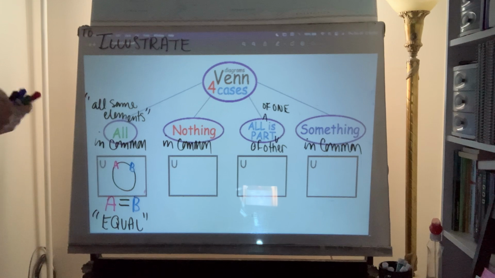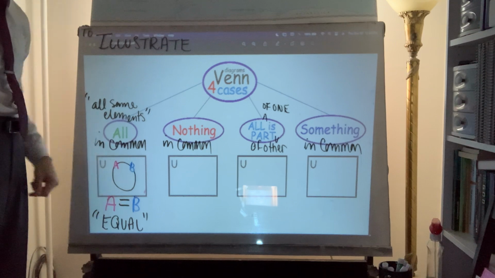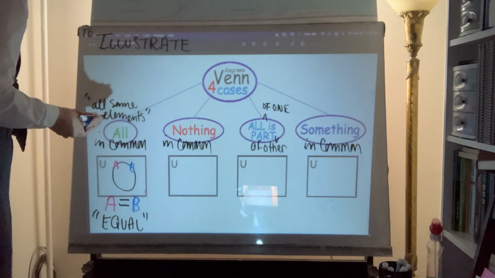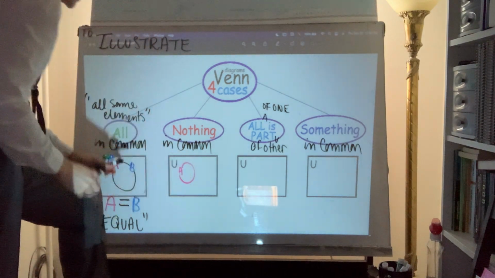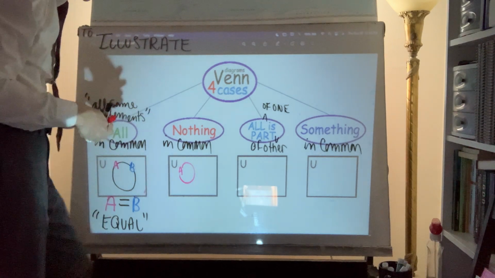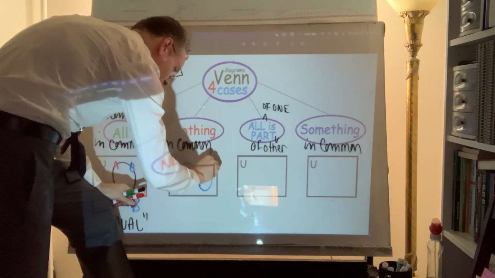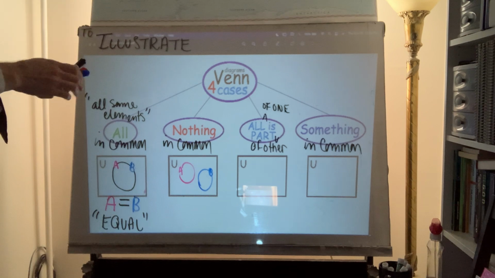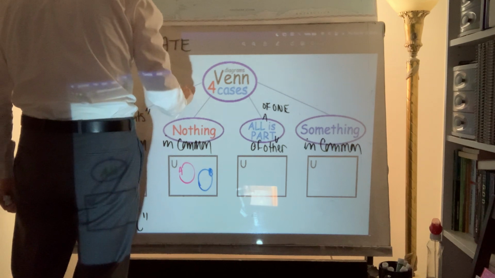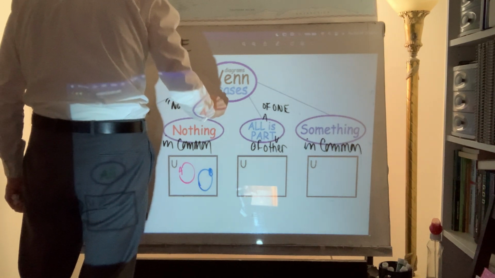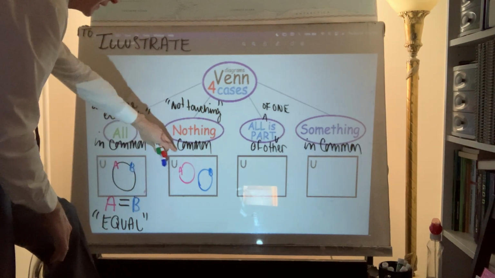Okay. So one circle but two letters for labeling, then you know that you're comparing two sets and they're in fact equal. If instead you had a circle unto itself, let's call it A, and then an adjacent circle unto itself, and again we'll call it B, and they're not touching at all, that means that they have nothing in common, right?